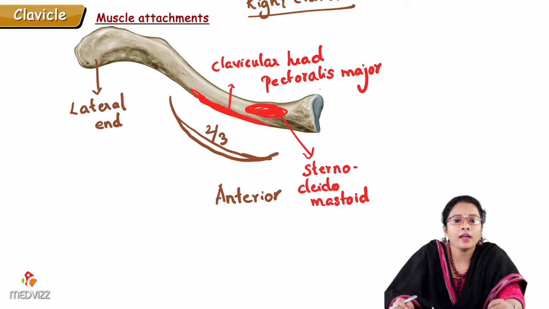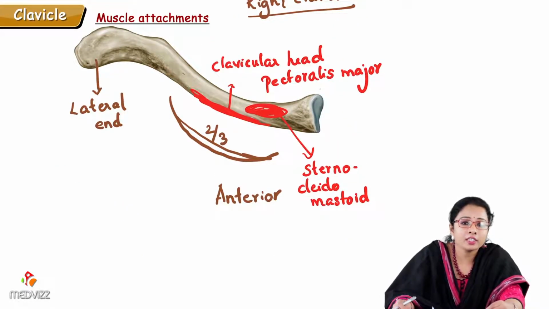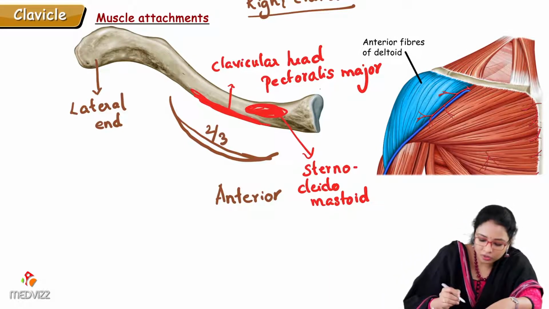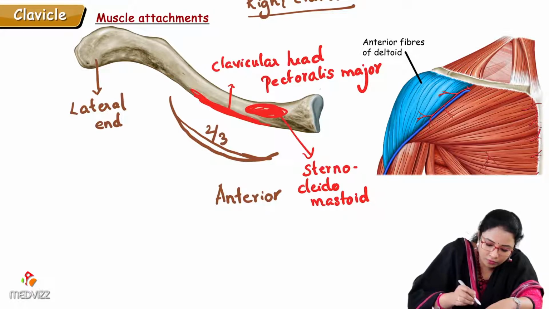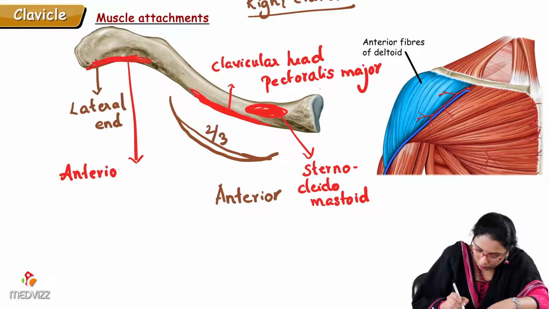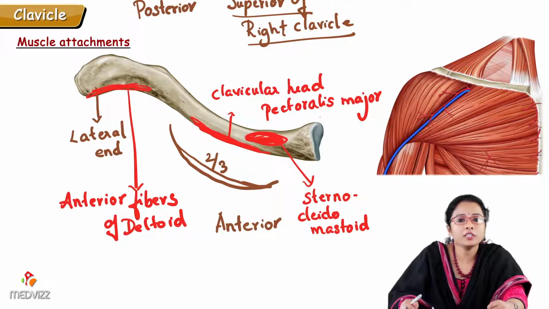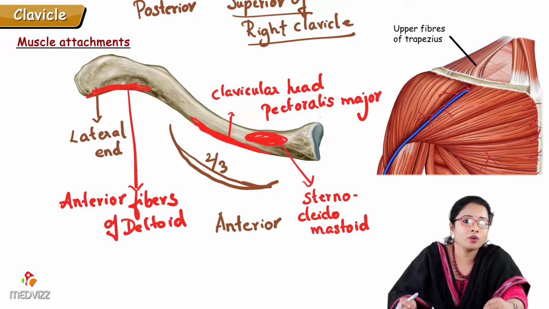Lateral 1/3 anterior border gives attachment to anterior fibers of deltoid. So it provides origin to anterior fibers of deltoid. And the posterior border of lateral 1/3 and also the superior surface provide attachment to the upper fibers of trapezius.